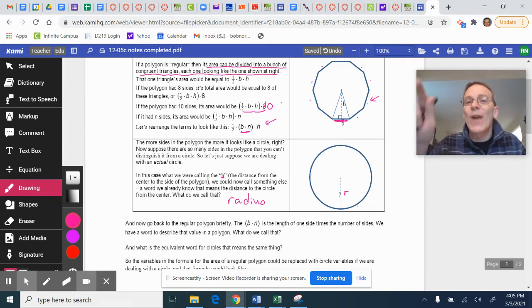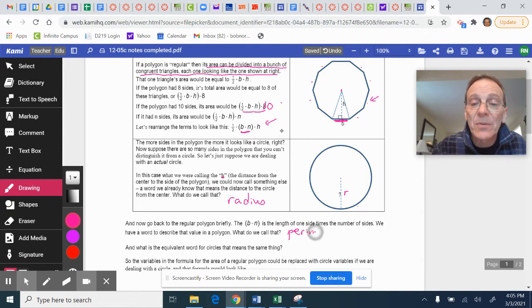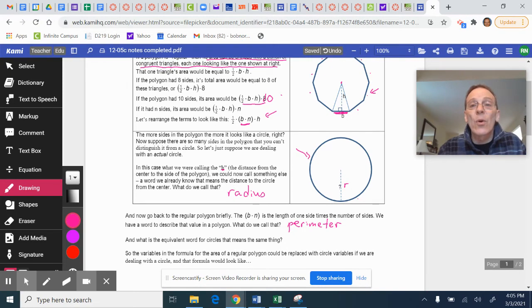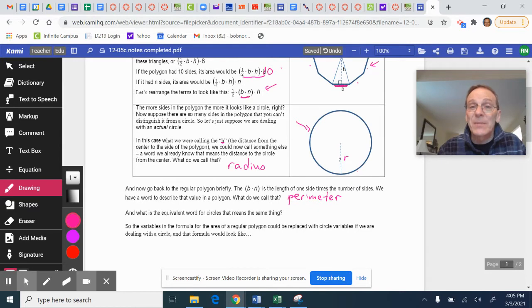What do we call that? It begins with P. It's the perimeter, right? The perimeter of the polygon. But in the circle, we have a unique word for perimeter of the circle. It really means perimeter of the circle, but the word begins with the letter C, and you know what it is, right? It's the circumference of the circle.